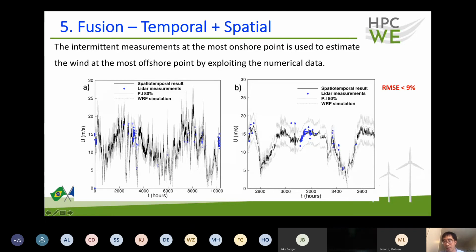Because this is a Gaussian process, we can also predict the zone of uncertainty. So overall, our root mean square error is less than 9%. So this is to say we only used the onshore measurement, but in light of the numerical results, we can make a good prediction of the offshore wind.